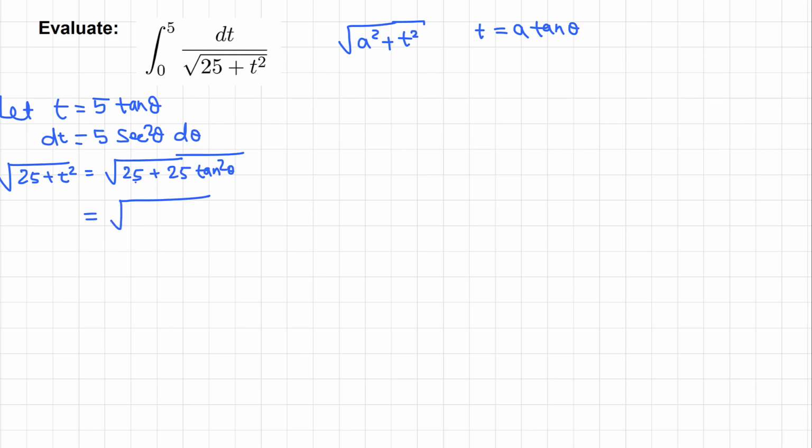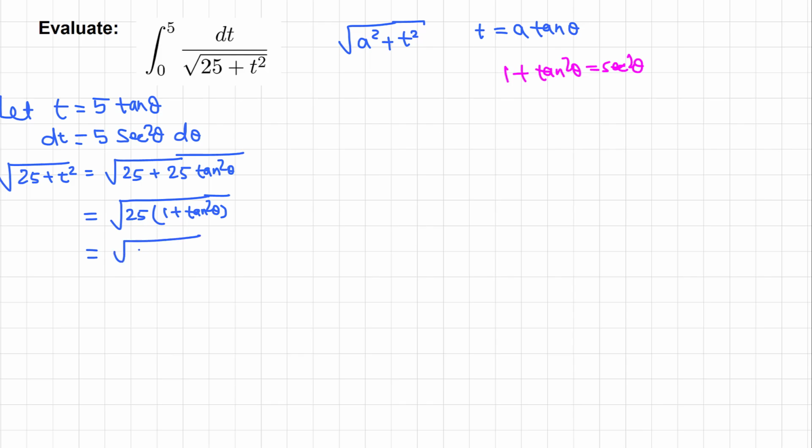Inside the radical sign, we can factor 25 out from both terms. That's 1 plus tangent square theta. Let's take the square root of 25, that's 5, and 1 plus tangent square is secant square. That's the formula: 1 plus tangent square is secant square.